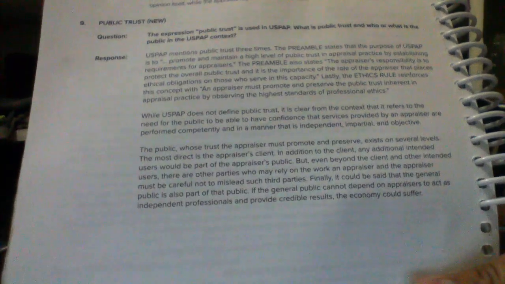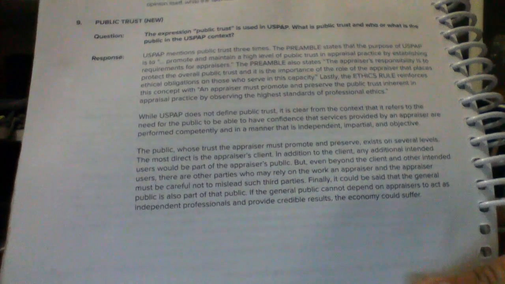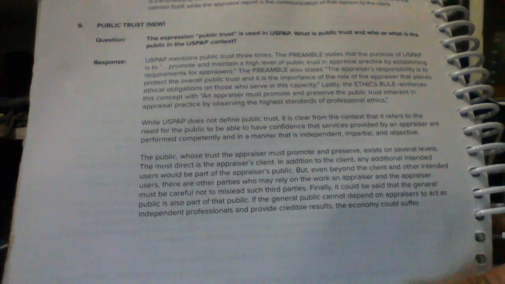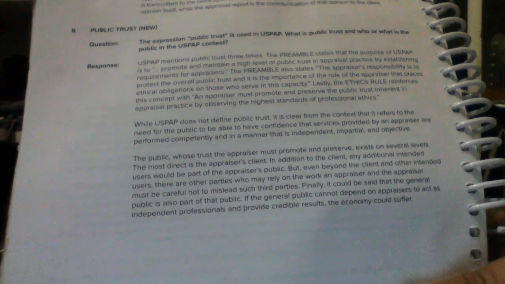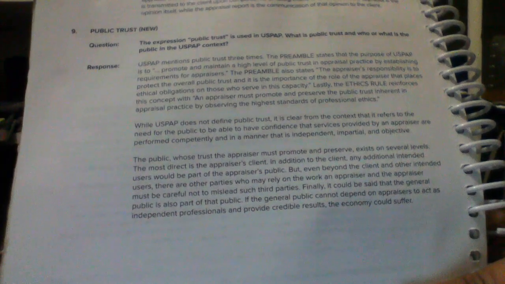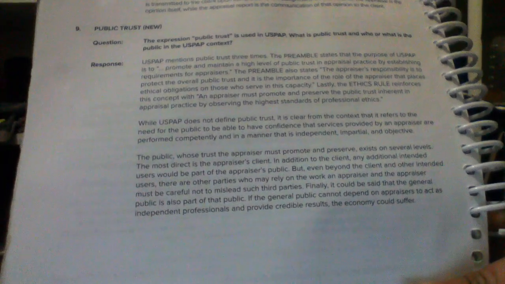Number 9. Public trust. New. Question. The expression public trust is used in USPAP. What is public trust, and who or what is the public in the USPAP context? Response.